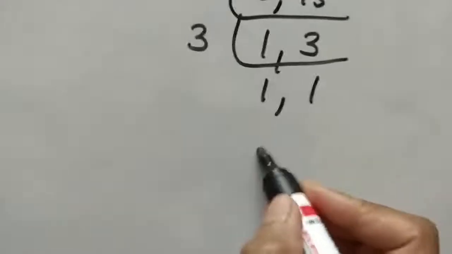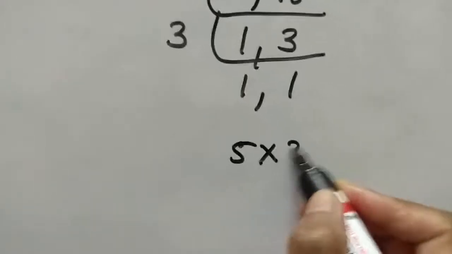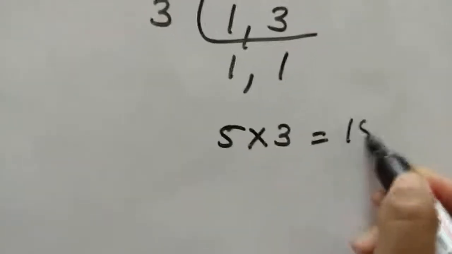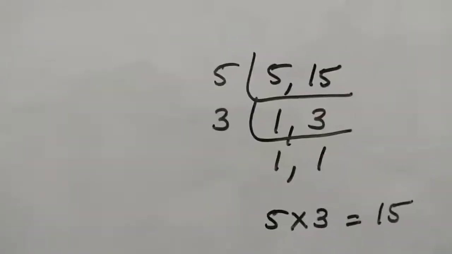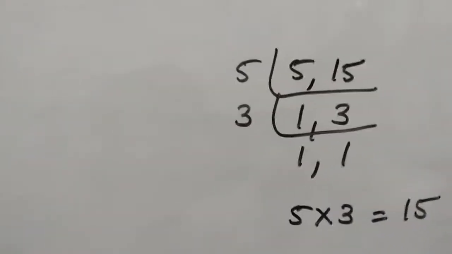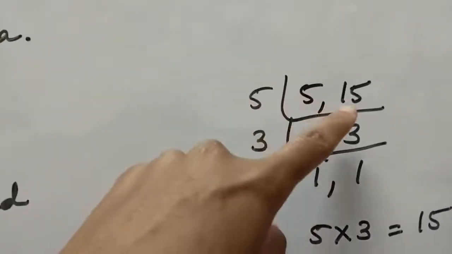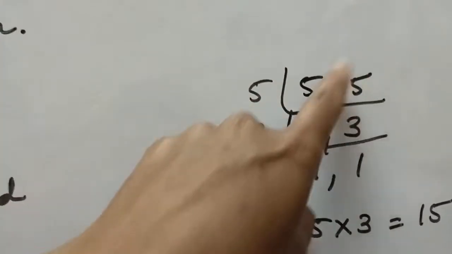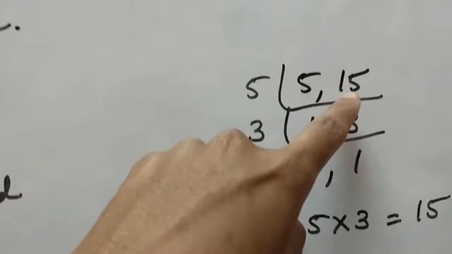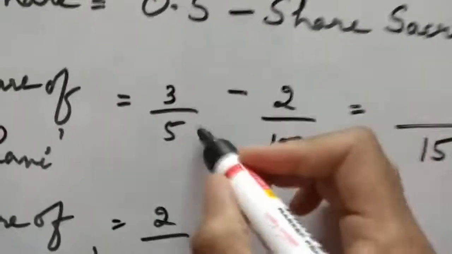So what is left out here? 5 and 3. I take 5 and 3 and multiply, I get 15. Instead of doing this, the shortest way is to observe whether the numbers go in the same table, and take the highest number and consider it as the LCM. So now we got 15 as LCM.